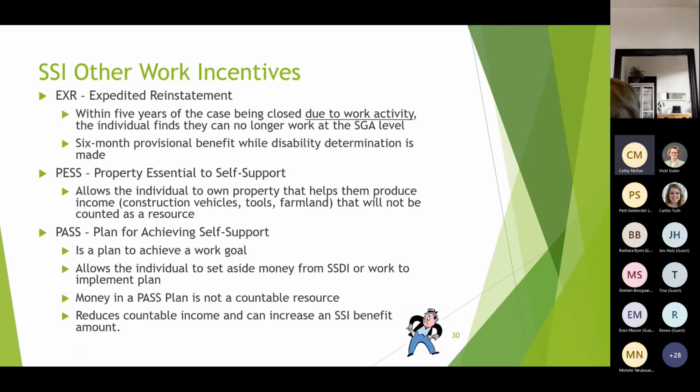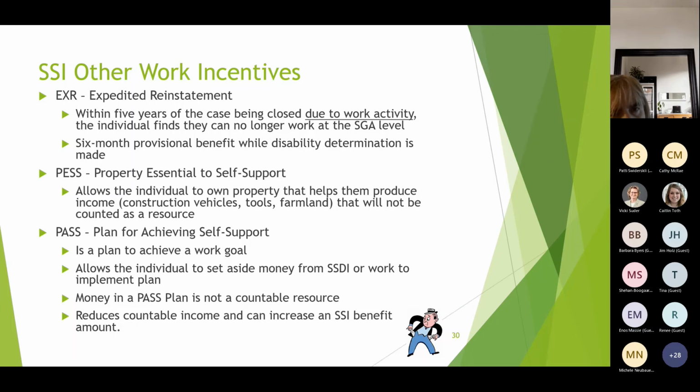You can set money aside from your SSDI or from work that you're doing into a special account to go towards that work goal. Then that money is not a countable resource, and it can reduce the amount of unearned income that you have, so that you can qualify for a higher rate of SSI.